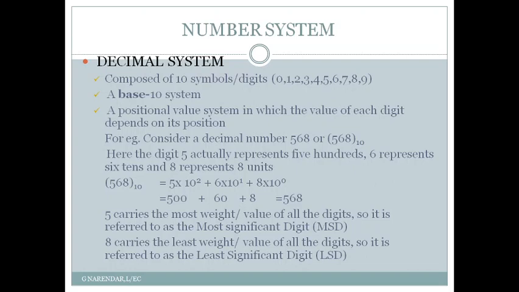Then we'll interpret what is the value or the meaning of 568, from its positional value concept point of view. Here you can see that the digit 5 actually represents 500 because of its position, and 6 represents 6 tens because of its position in the tens place, and 8 represents 8 units simply.